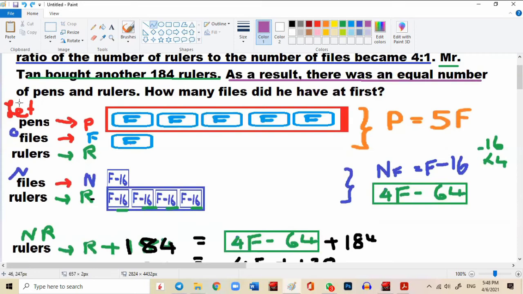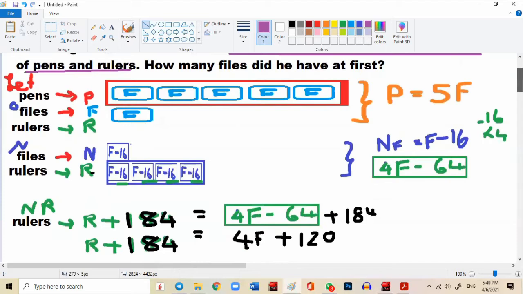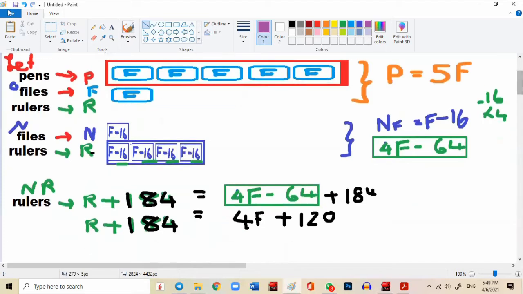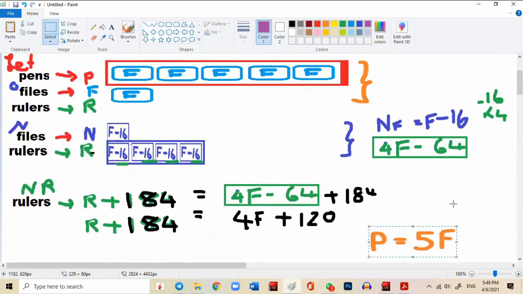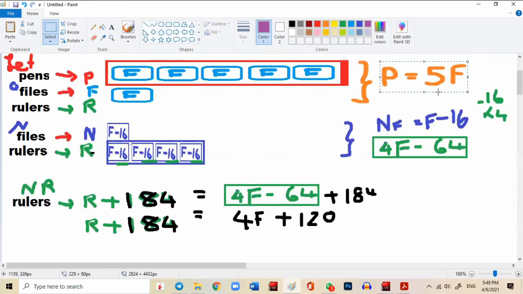That means the new rulers. Okay, as a result, there was equal number of pens and rulers. Okay, now you tell me. So here, the pens was 5F. Yes, no. The pen no change. Agree or not? Remember the pens here? Yeah. Now the pen no change.